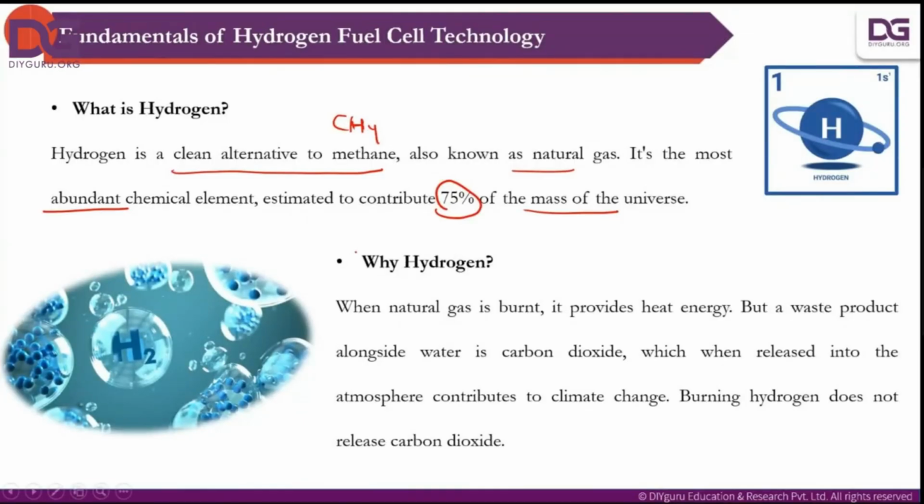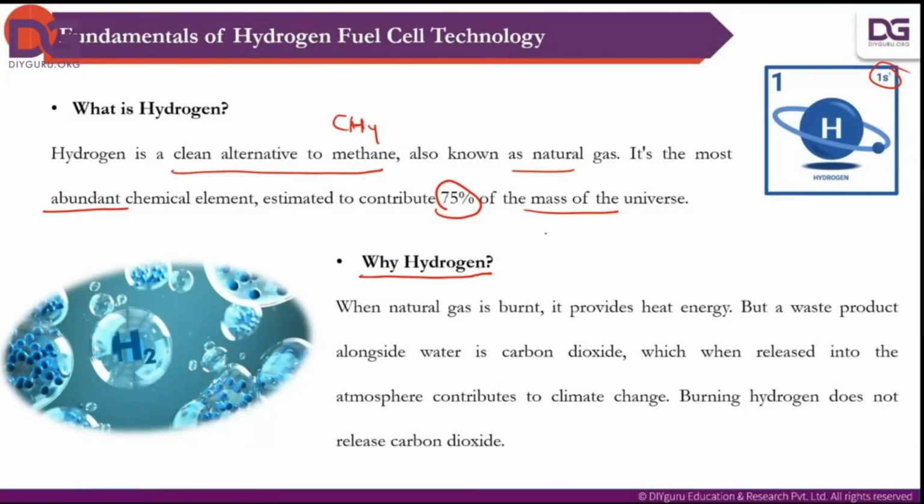So this was a basic introduction to the hydrogen element. And this is its electronic configuration, 1s1: one electron in its outer shell, and one proton. Now why only hydrogen, why not any other element from the periodic table? Why have we chosen hydrogen as our next generation fuel?